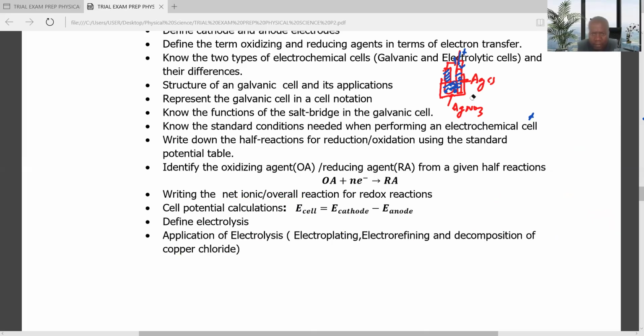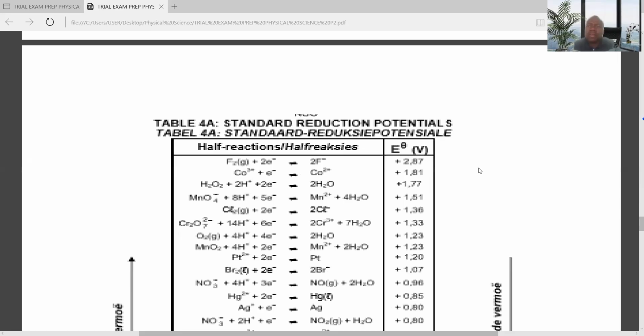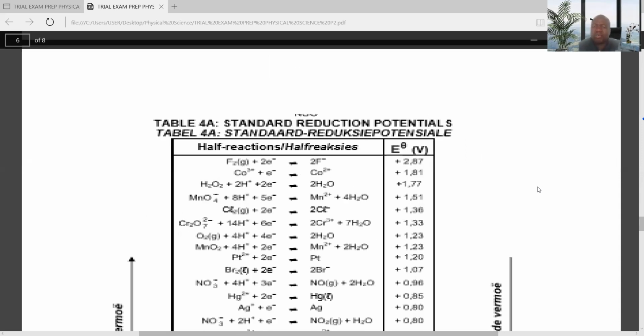I wanted to address the issue of writing the net ionic or the overall reaction. So here we have the standard potential table. I believe it's visible. I believe you know how to use it.